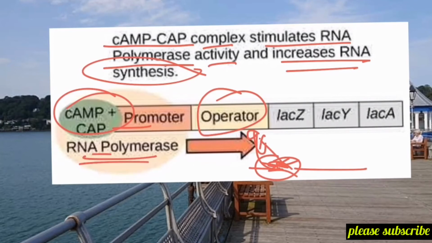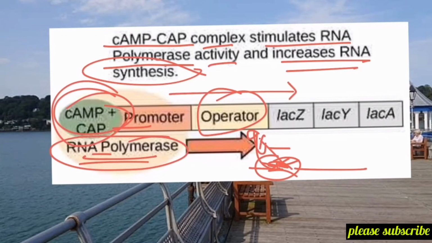This frees the RNA polymerase. In this process, cyclic AMP and CAP proteins also promote RNA polymerase activity by binding with the promoter region and give the signals for the LacZ, LacY, LacA proteins to function properly.